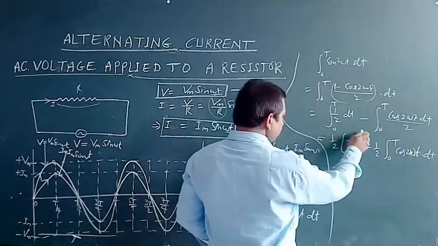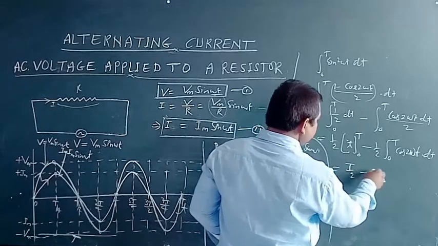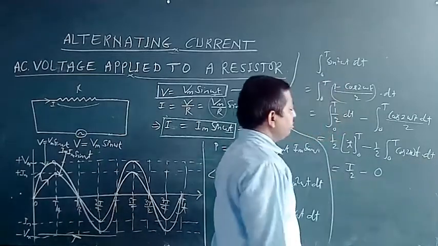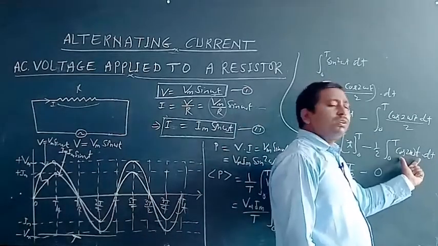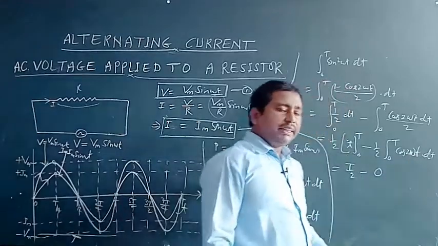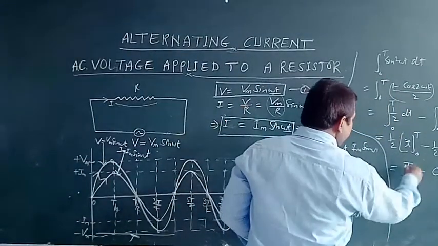So this becomes T by 2 minus 0, as we know that the average of cos omega t, or of sin omega t, over a cycle is always 0. So this is T by 2.